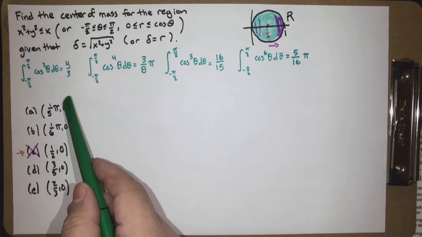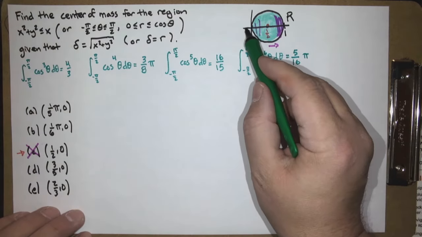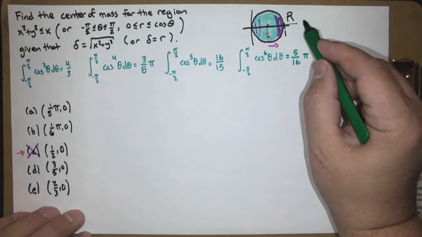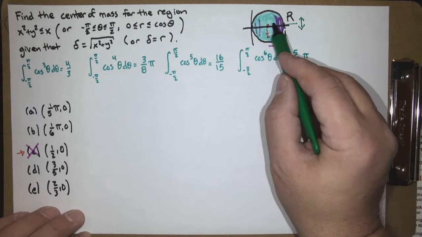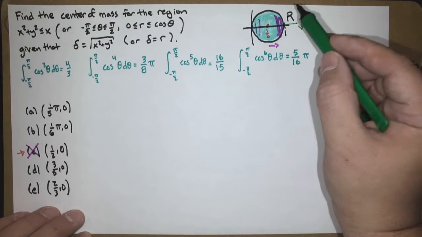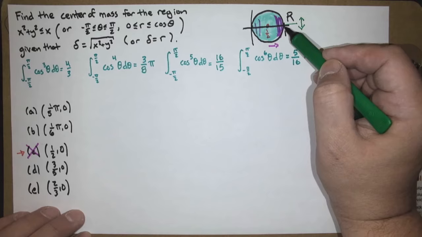Well, spoiler alert, I can tell you the y-coordinate is 0 because all the options have 0. Even if all the options didn't have 0, why is the y-coordinate for the center of mass 0? Even though the density gets denser on the right versus the left, when we compare flipping across the axis, it won't change it.